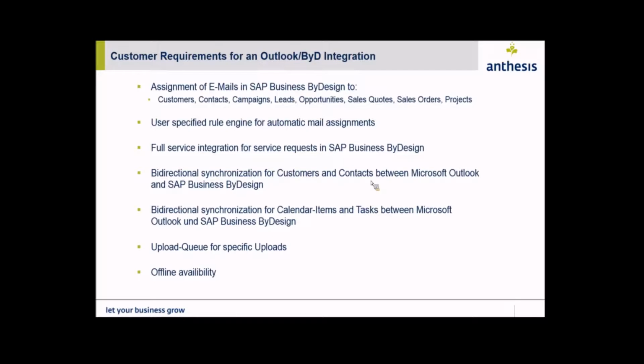They also wanted a full service integration to upload the content of new mails into a service request in Business ByDesign right out of their mail inbox. The service request they also want to update with the content of new mails and want to automate these update scenarios the best way possible, like an auto detection of specific mail subjects, for example.